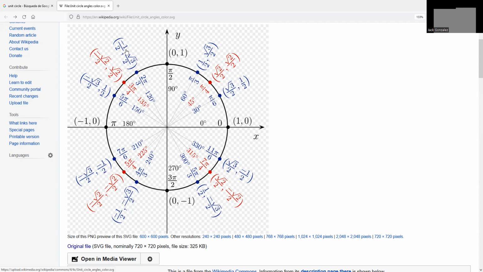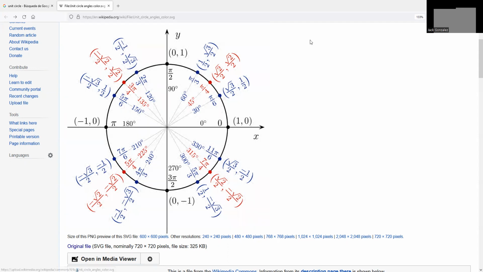Cosecant is 1 over y. Cotangent is x over y. So in this example, we just did sine, cosine, tangent, but I could throw the other three at you, or one of the others. It's all fair game.